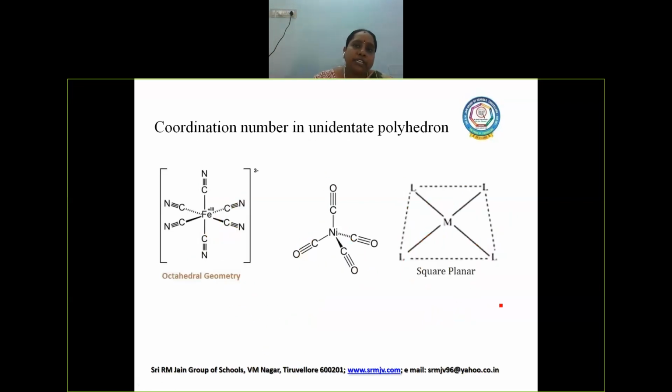Now we have some examples of these polyhedral complexes.